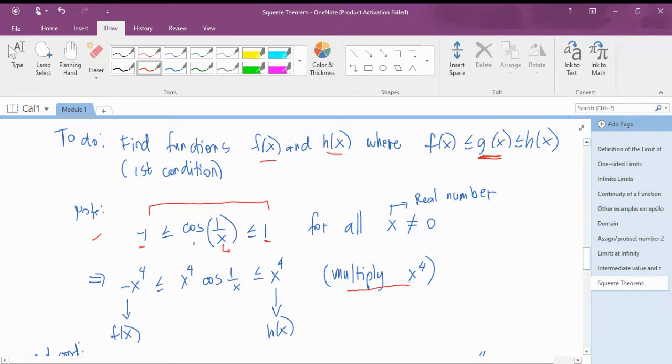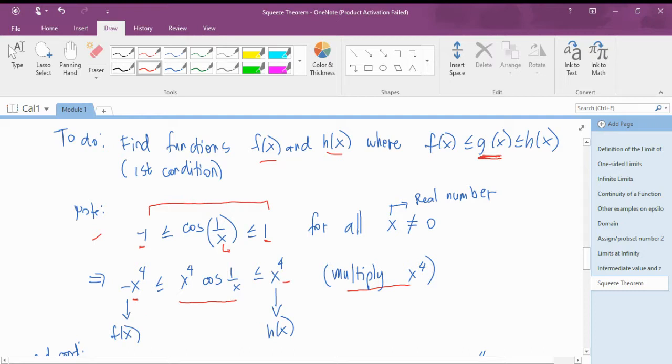So, pag nag-multiply tayo ng x raised to 4 sa middle function, lalabas si x raised to 4 cosine 1 over x. Dapat mag-multiply din tayo ng x raised to 4 doon sa left and right. So, negative 1 times x raised to 4, lalabas yung negative x raised to 4. And then 1 times x raised to 4, meron tayong x raised to 4.